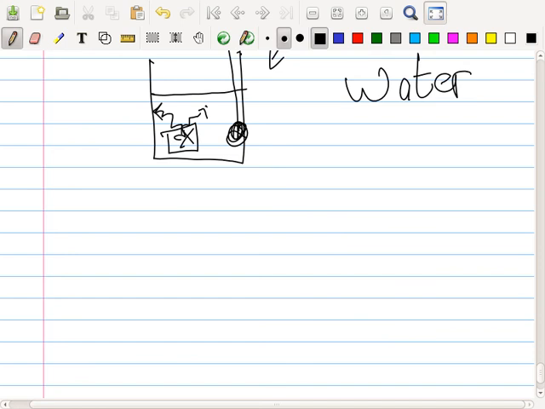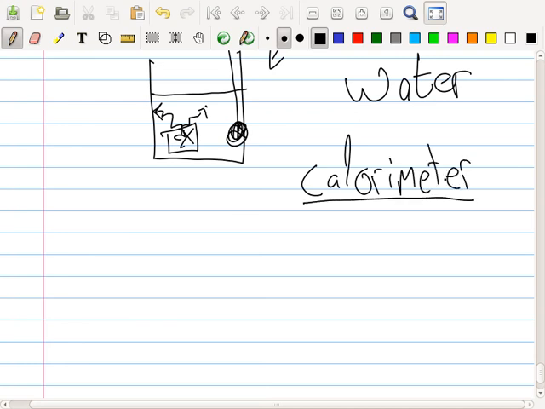The container. Now, the name for the container is calorimeter. Actually, copper calorimeter is probably the one. This word here means container. Anyways, at the beginning of the experiment, what have you got? You've got the mass of the block. Then you got the mass of the calorimeter.